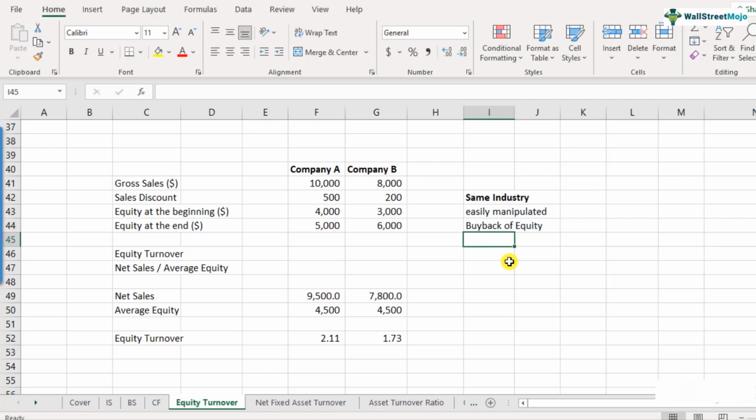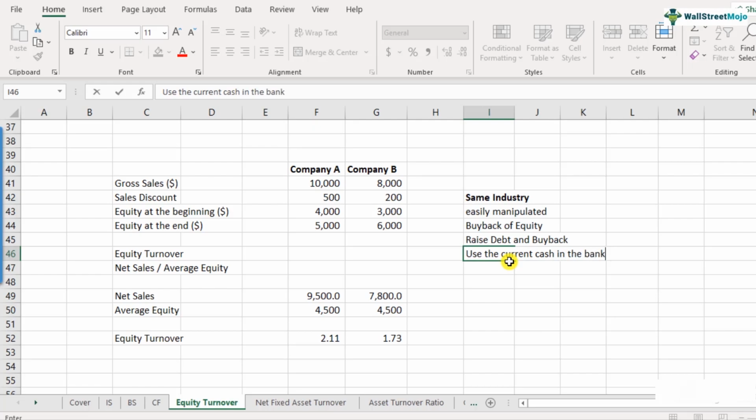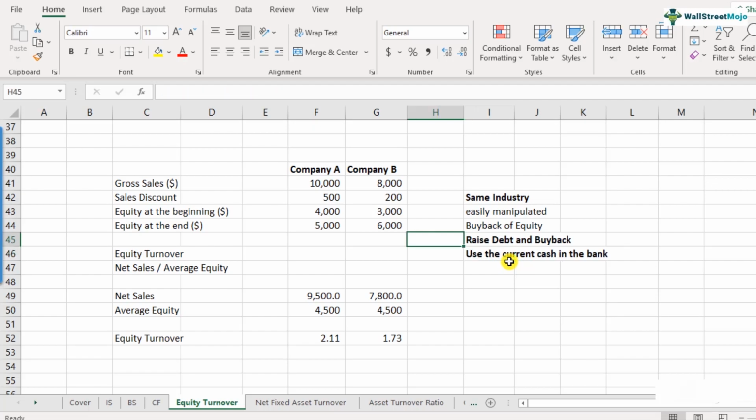Now, buyback of shareholders' equity would mean that they would buy back shares either from the cash which they have on the balance sheet, or maybe they can raise debt and buy back, right? They can do that, or they can use the current cash in the bank, right? They can also use that. So let me give you a hypothetical example to elaborate on these two things.